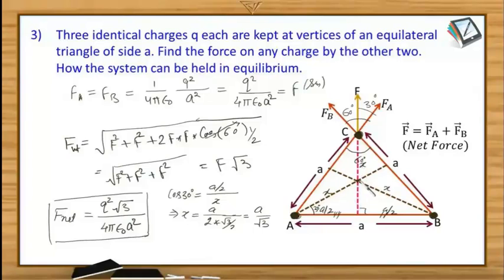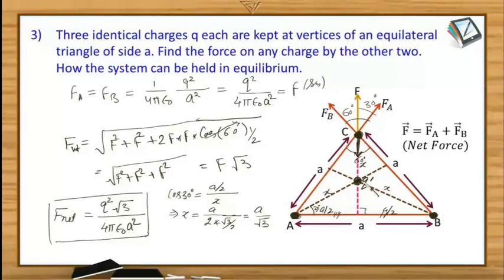So suppose we use a charge q dash at the centroid. It can attract this charge C in this direction, which will be opposite to the resultant force F. And it will be acting the same way for the rest two charges also. Means if somehow we can hold the charge at C in equilibrium, then automatically the two charges A and B will also be in equilibrium.